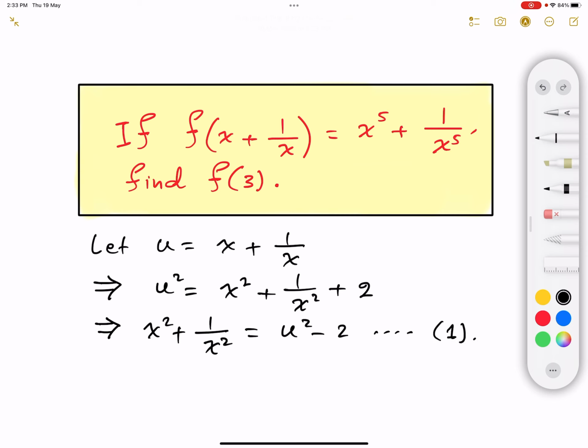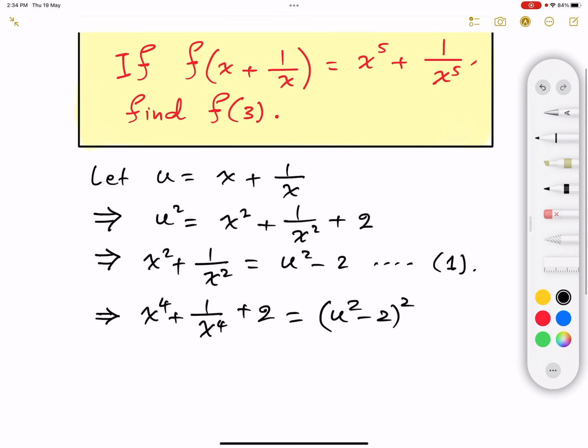And I will go ahead again, and I will square both sides of equation number 1. So that tells us that x to the power 4 plus 1 over x to the power 4 plus 2 times the first term multiplied by the second term, which is basically 2 as well, is going to give us u squared minus 2 all squared.